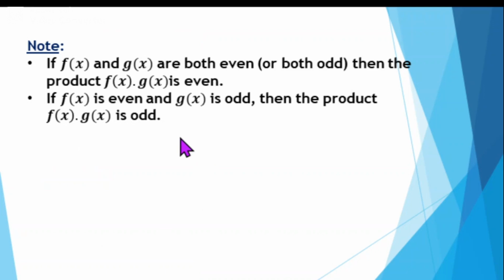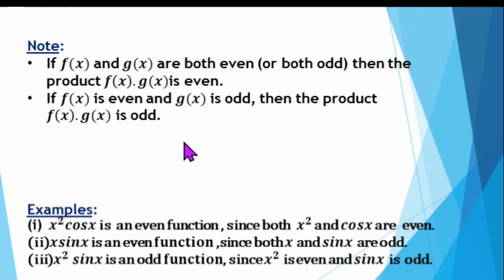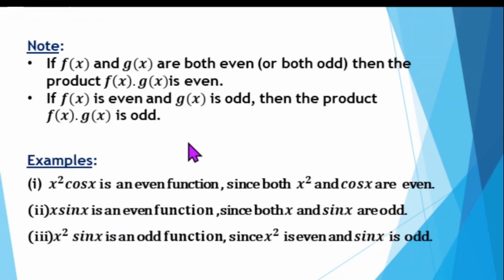Also, the product of two even functions or two odd functions is an even function, whereas the product of an even function and an odd function is an odd function. If you look at the first example, we have x square is an even function, cos x is an even function. So, the product x square cos x is also even.